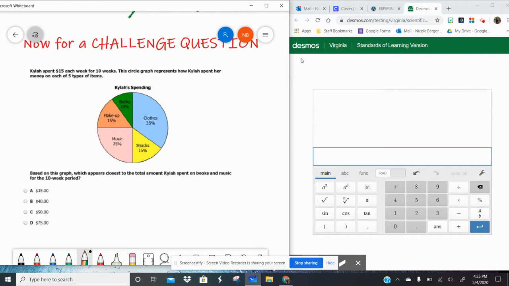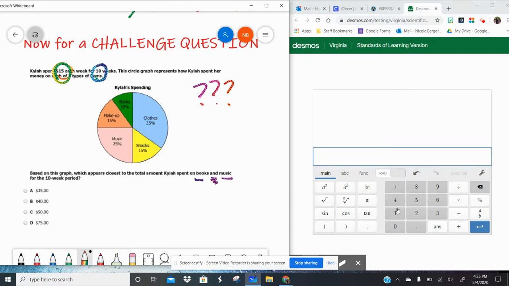It says based on this graph, what appears closest to the total amount Kyla spent on books and music over that 10-week period? Well, before I can do anything, I got to figure out how much did Kyla spend in all, right? Main part of a graph is how much is represented in the graph. So I know she spent $15 each week for 10 weeks.